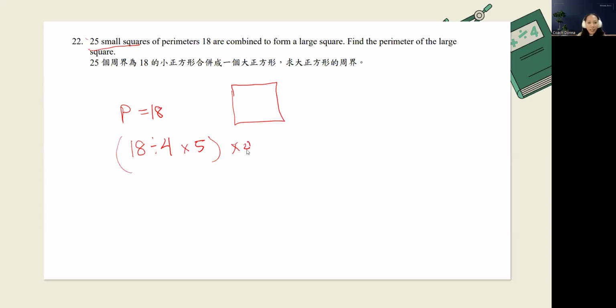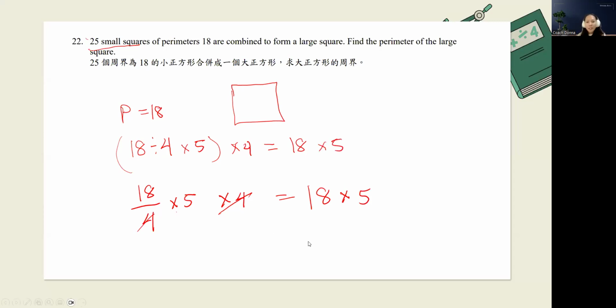So 18 divided by 4, multiplied by 5 and then by 4. The 4 will cancel this 4, so you'll end up with 18 times 5, and 18 times 5 is 90. This is how we'll get our answer.